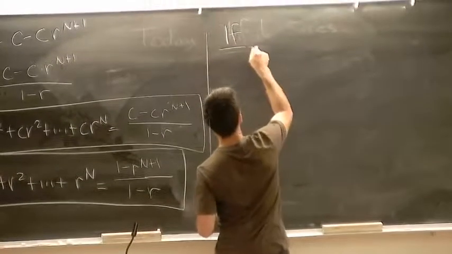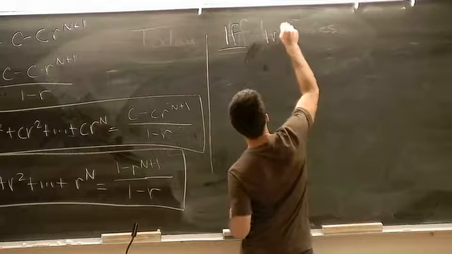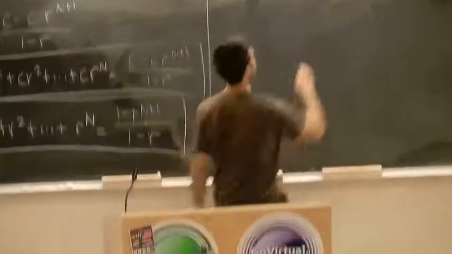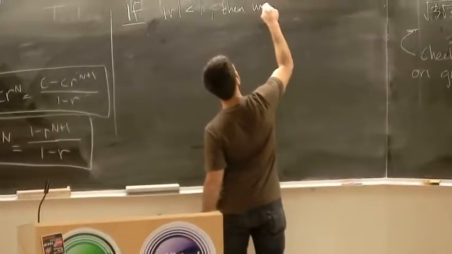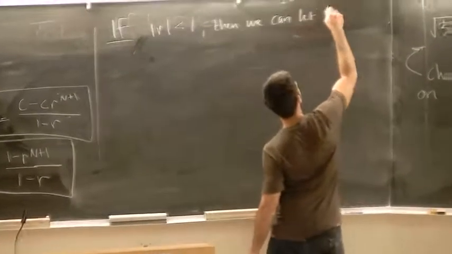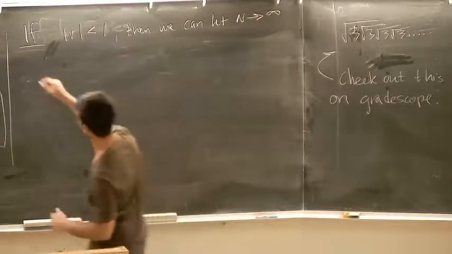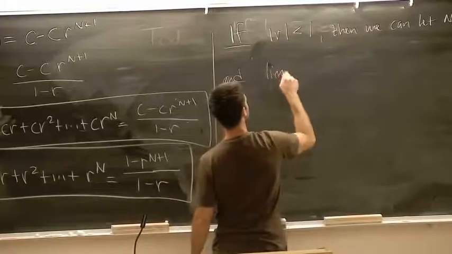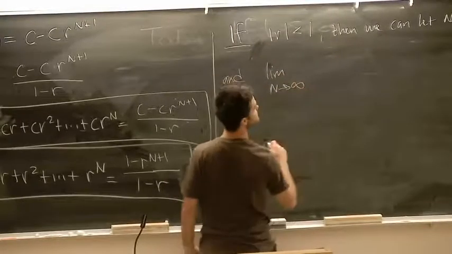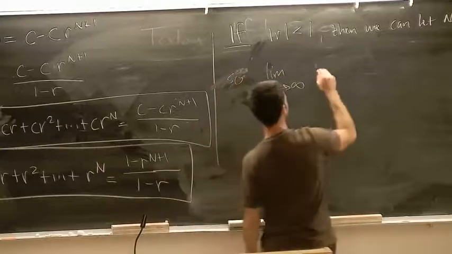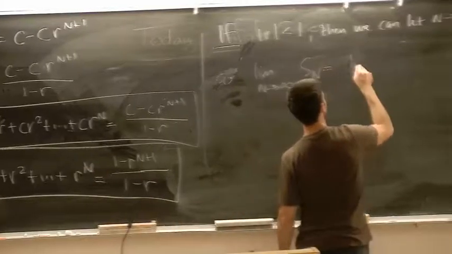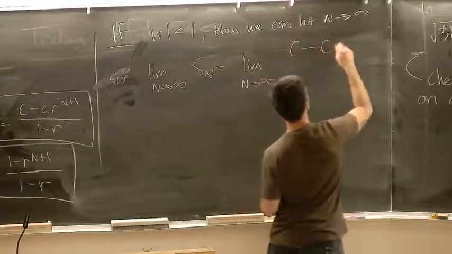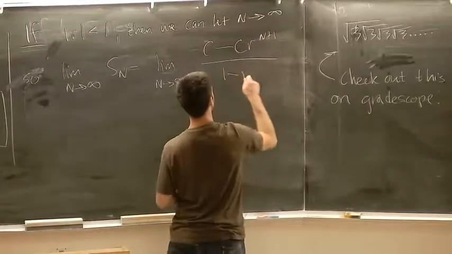So if, and this is crucial, R, the common ratio, is a number that's less than 1 in absolute value, then we can let n tend to infinity, in which case the limit as n goes to infinity of the partial sum is the limit as n goes to infinity of that expression, (c minus cr to the n plus 1) over (1 minus r).